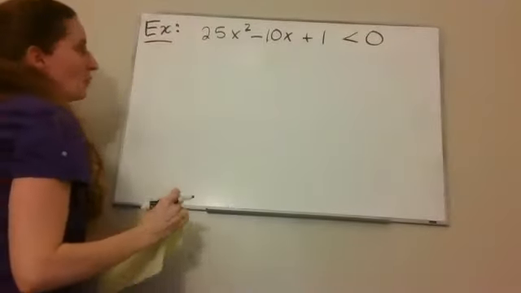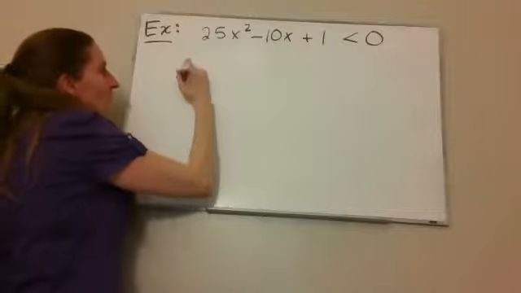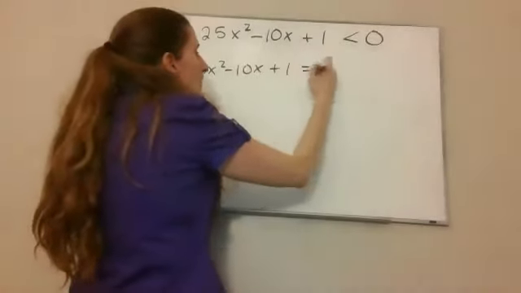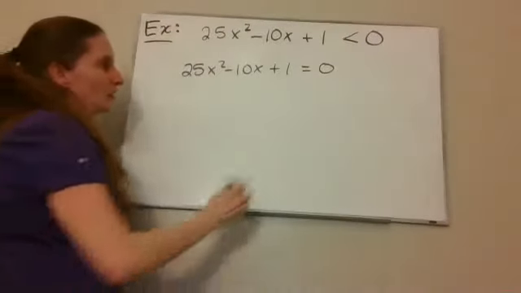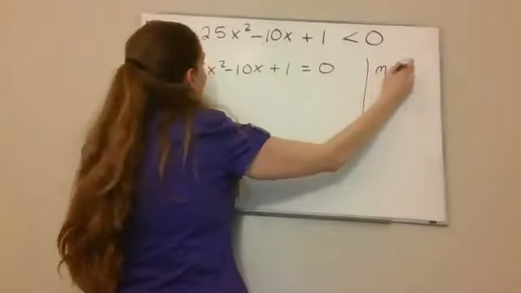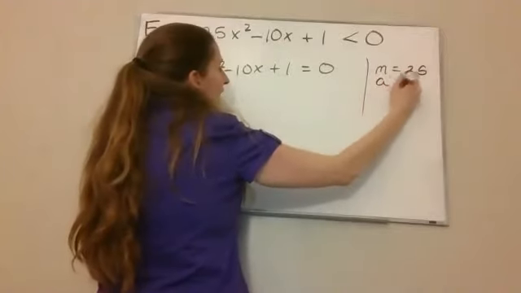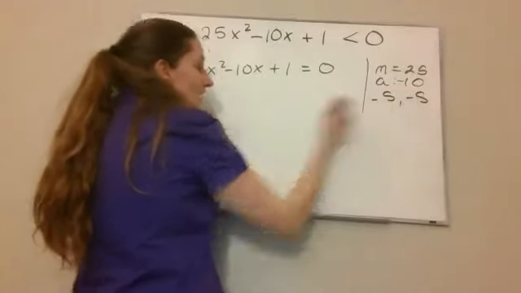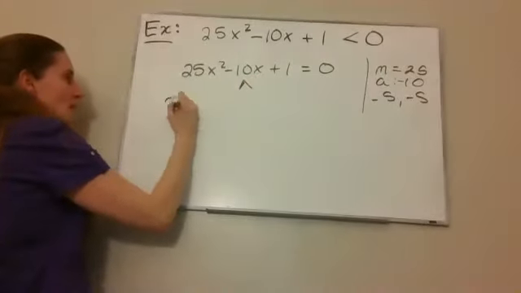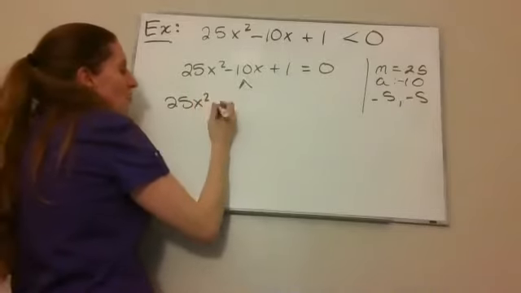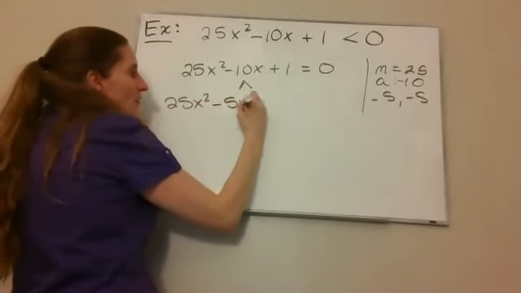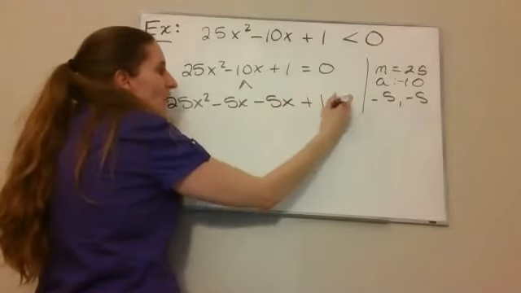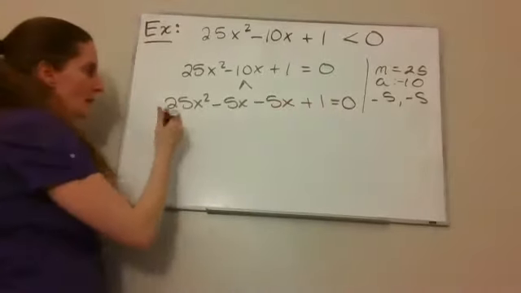So the first thing we're going to want to do is treat this like an equation. So let's try to factor this. We need to multiply to 25 and add to negative 10. So that's going to be negative 5 and negative 5. So we have 25x squared minus 5x minus 5x plus 1 equals 0.